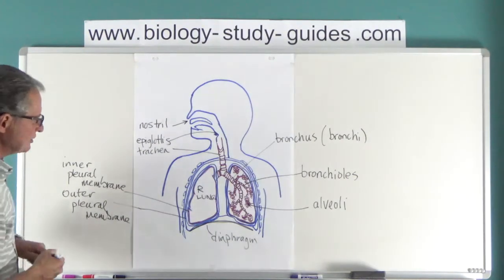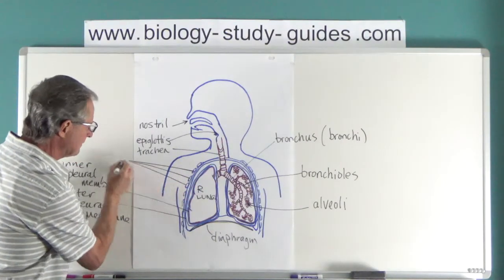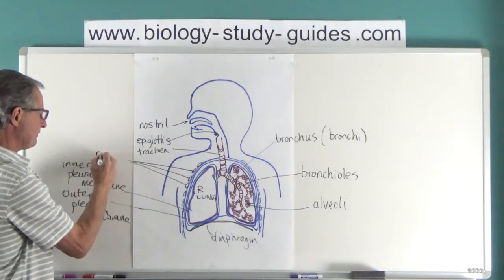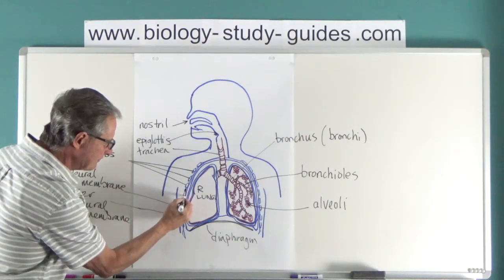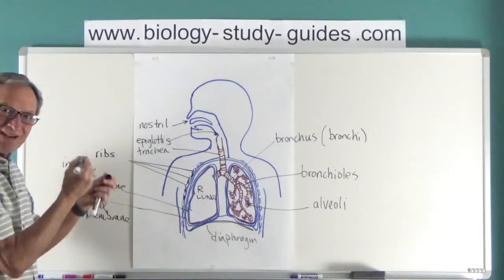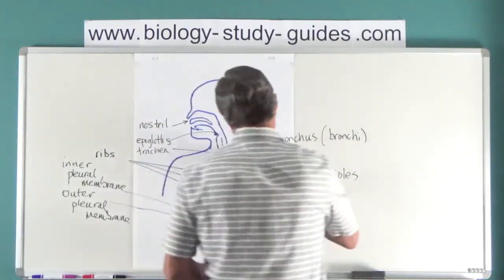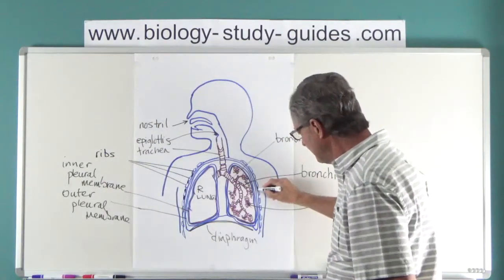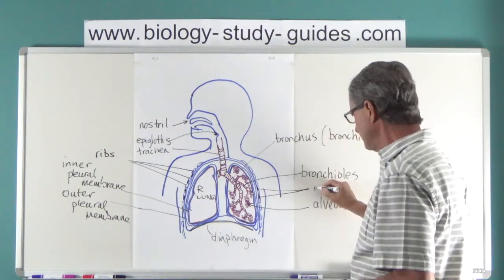This set of circles along the side here, both sides, those are ribs cut in cross section, and between the ribs there's muscle. If you like eating spare ribs, this is the muscle that you're eating. Those muscles between the ribs are called the intercostal muscles.